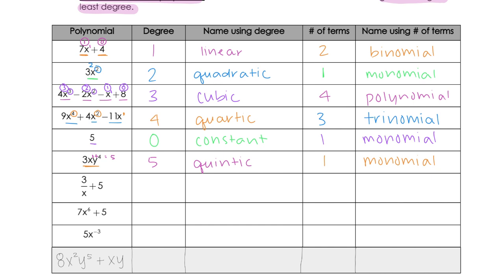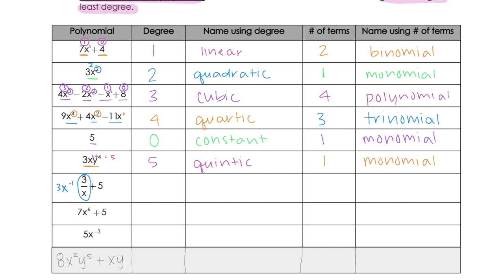Now, something that we're going to take note of here, 3 over x can actually be rewritten as 3x to the negative first power. If you remember that from our last chapter when we had exponents, if we move things from the opposite side of the fraction bar, the exponent becomes the opposite sign of whatever it was. And typically we like to have positive exponents. If you also remember from 8.1, the definition of a monomial went a lot more in depth, and it said that you are not allowed to divide by a variable.